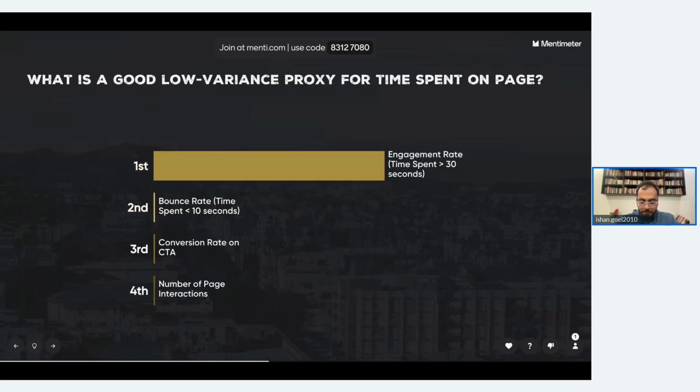Interesting. Yeah, I think this is the right answer: engagement rate would be a good low variance proxy. I'll explain why not the others. The first thing I want to highlight is that if you switch from a real valued metric to a binary metric, obviously the real valued metric will have much more information, so it is valuable to stick with it if you have enough visitor count.